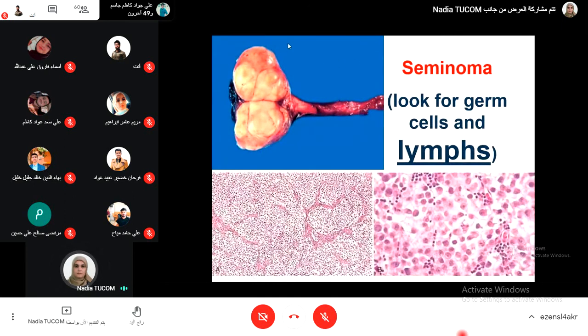Again, this is the seminoma, a solid, hard, fixed mass within the scrotum, and this is the low power and higher power appearance. Look at the stroma rich in lymphocytes. These are the typical, diagnostic cells of seminoma.